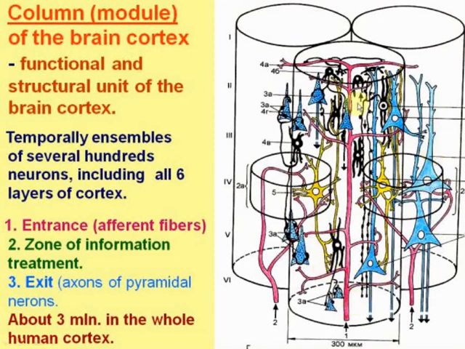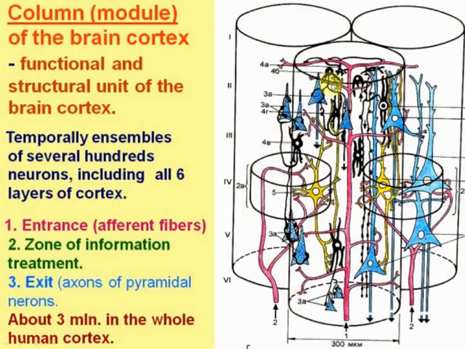The zone of information treatment, several hundreds of neurons which treat this information, and exit of commands through the axons of pyramidal neurons, stained in blue. There are about 3 million of such columns.